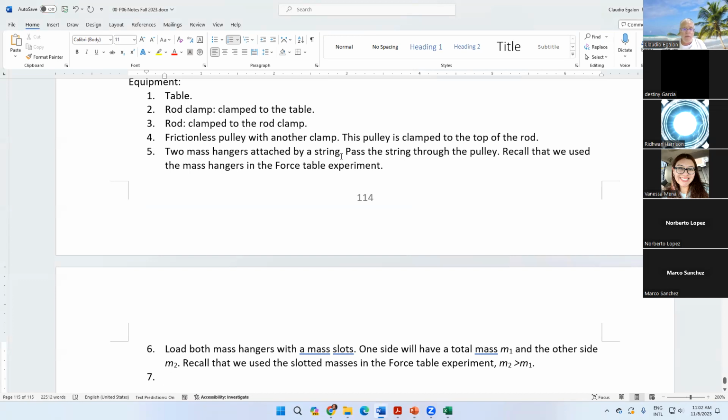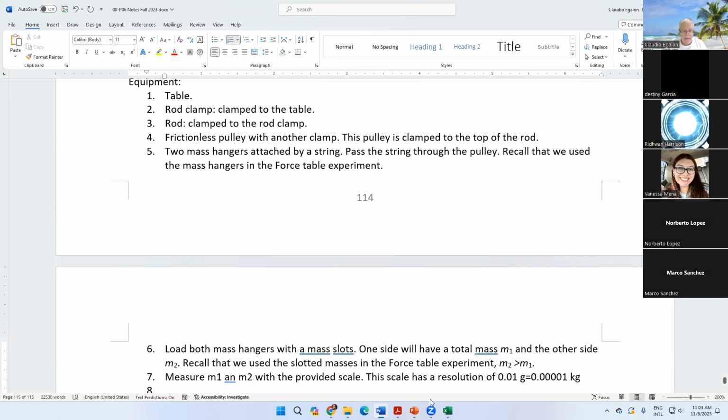Mass hangers attached by string, load both. Measure M1 and M2 with the provided scale. The scale has a resolution of 0.01 grams, which is equal to 0.1231 kilogram.